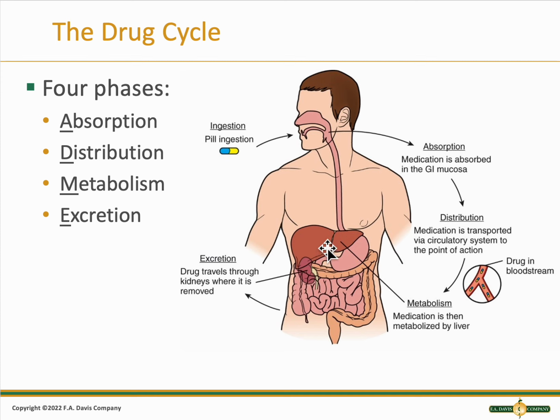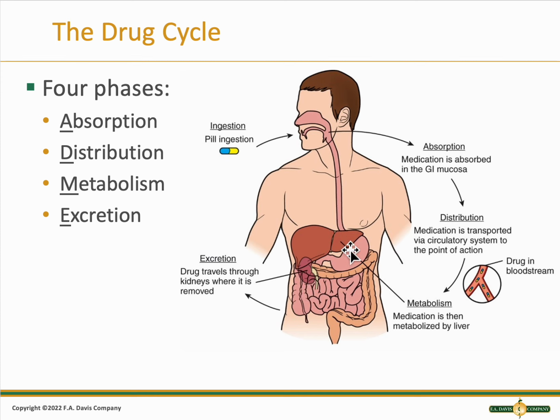The other thing I said that's related to this is that the liver is involved in detoxifying, and so metabolism usually involves the liver, or it always involves the liver, but sometimes it can involve other parts of the body as well.